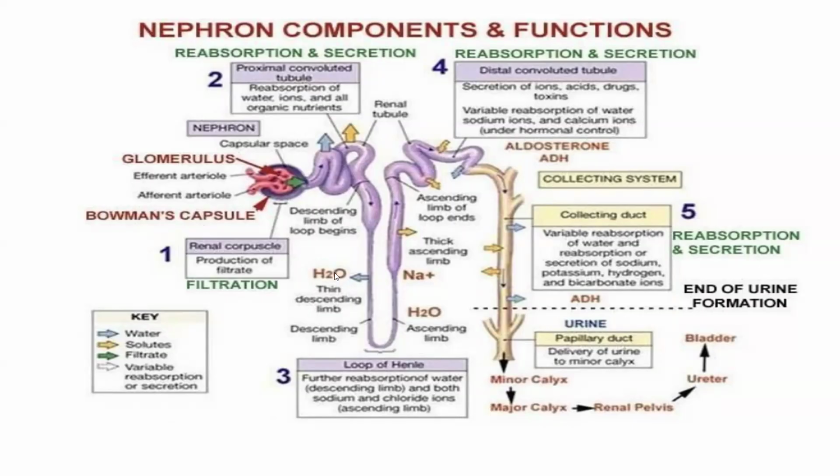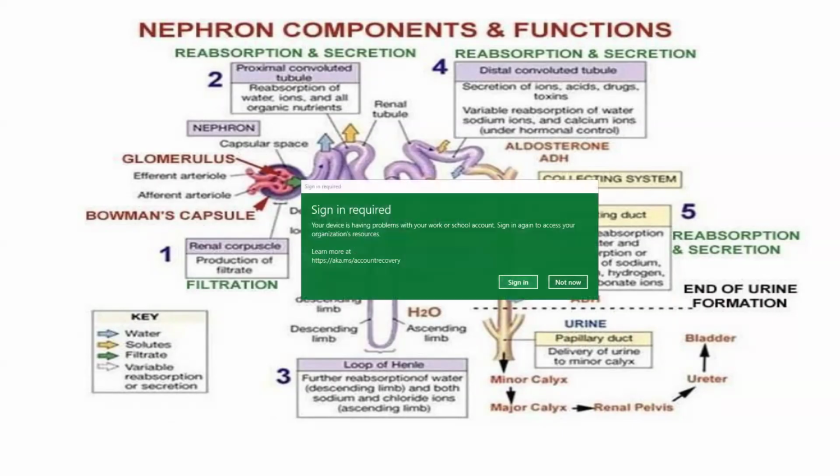Okay. This is also where your ADH works. And then you have your distal convoluted tubule where it secretes things like your ions, your acids, your drugs. Here, reabsorption of water, sodium ions, and calciums take place based on what the body needs. And those hormones are controlling that.